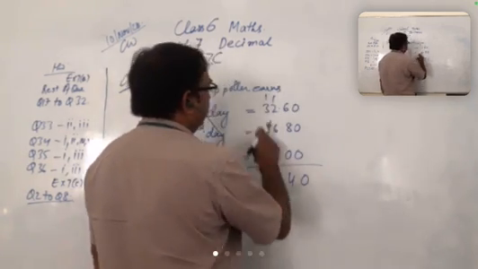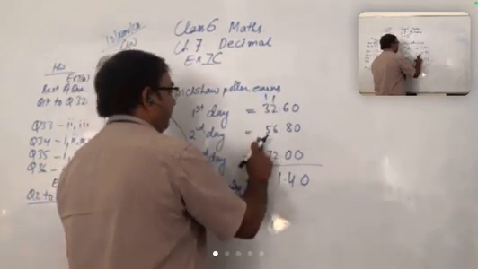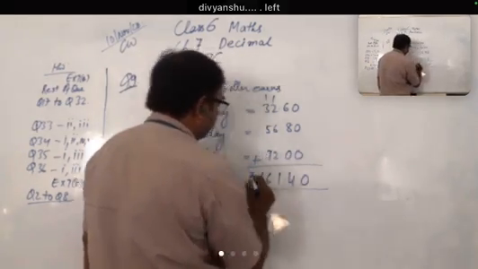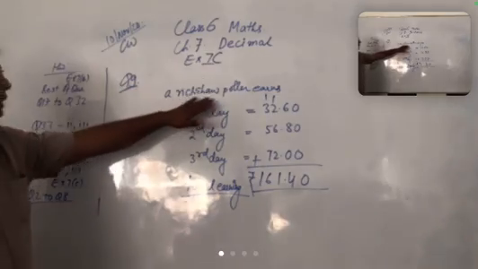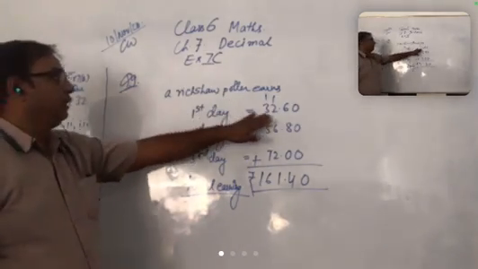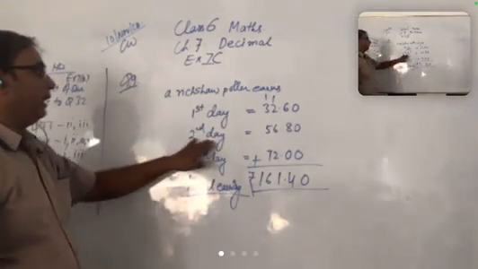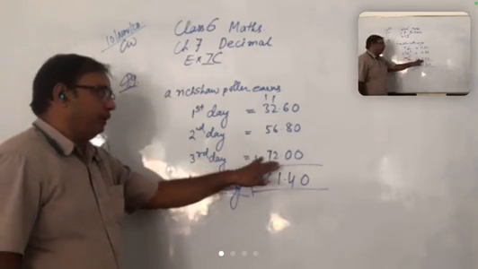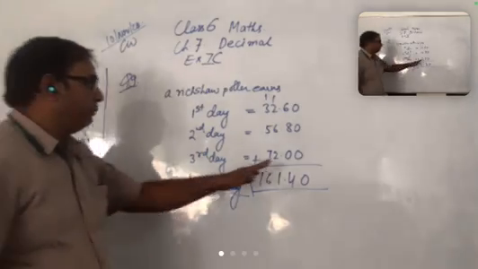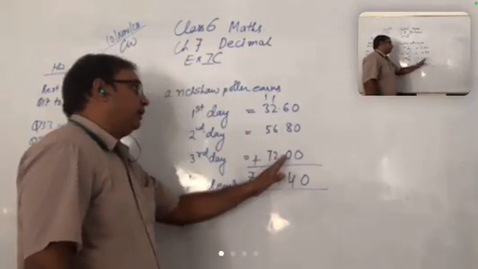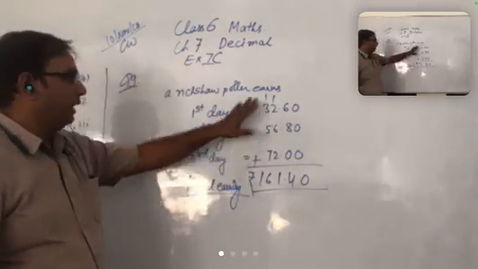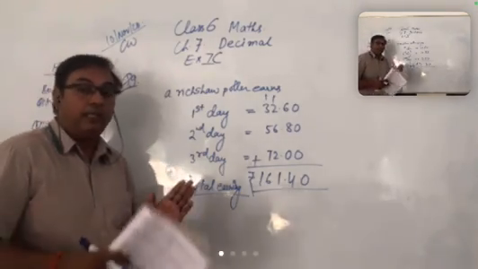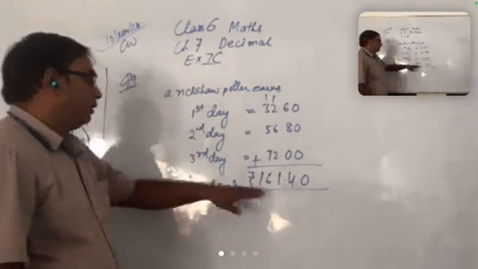So 7 plus 3 is 10, 10 plus 1 is 11, 11 plus 5 is 16. A rickshaw puller earns 32.60 on the first day, 56.80 on the second day, and 72 on the third day. 72 is a whole number, so we put a decimal after the 72, then we add because we need to find his total earning during these days. So we added it.